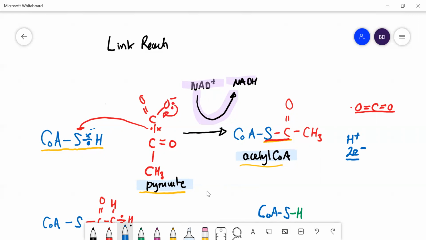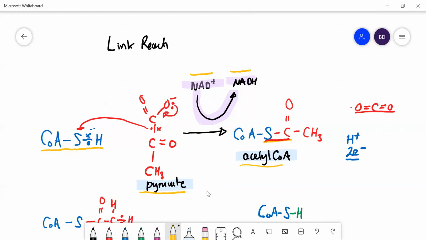So you can see that the pyruvate, in forming acetyl-CoA in this reaction, has lost 2 electrons. Losing electrons is an oxidation reaction. We need an oxidizing agent for that, and the oxidizing agent is NAD, which is there. Okay, so there's our NAD. That picks up those 2 electrons and a proton, and it becomes the reduced form of that coenzyme, NADH.